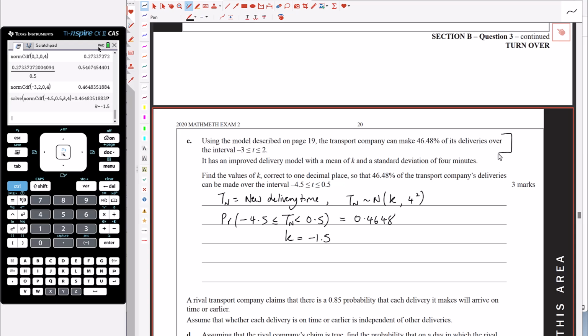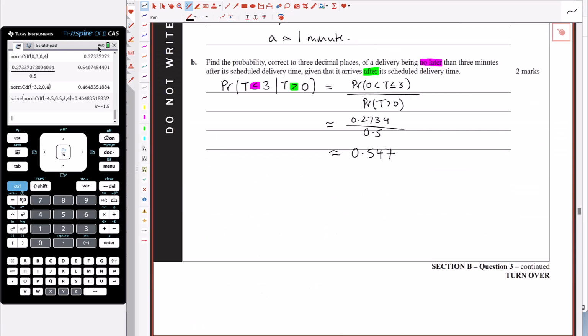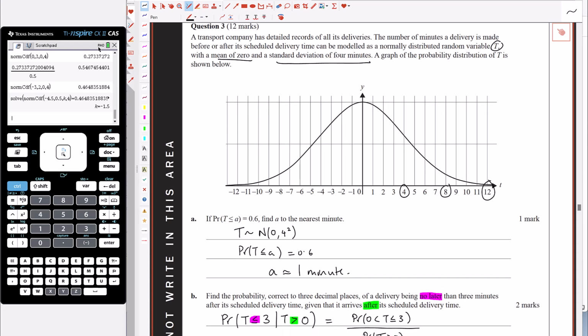And it's interesting, the examiner's report makes a comment that students are reminded appropriate working must be shown. They show a sort of integral calculation. They talk about translation, which, yeah, obviously we could use a graphical method here, but it's not required. So what we're being told, let's go back up to our graph, negative 3 to 2. So we're being given this information.